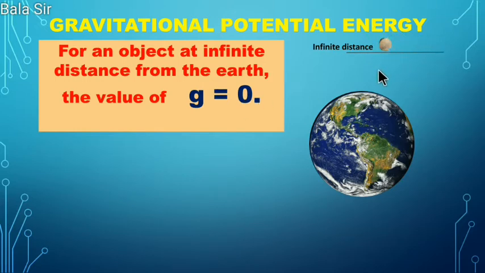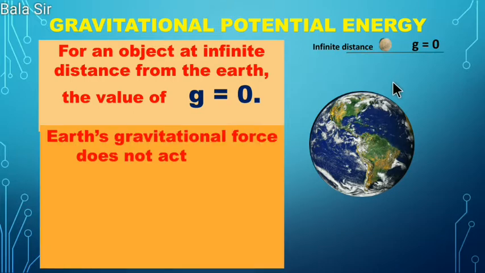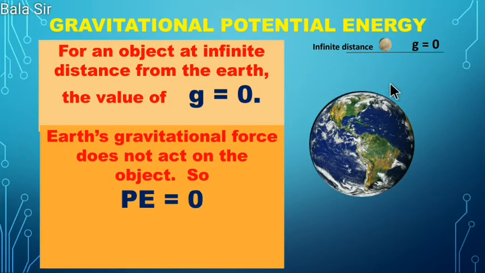As we discussed previously, on the surface of the earth, the value of g is 9.8. But as we go higher and higher, the value of g decreases slowly and at last it becomes 0, and the infinite distance has the value of g as 0. Earth's gravitational force does not act on the object.